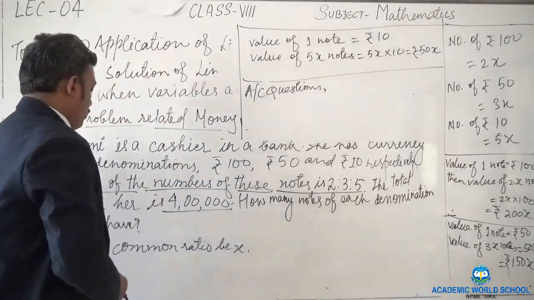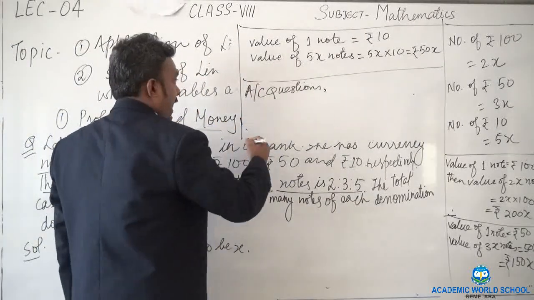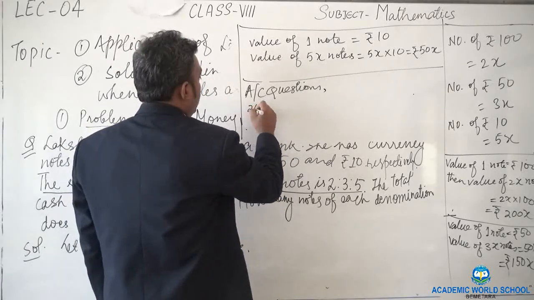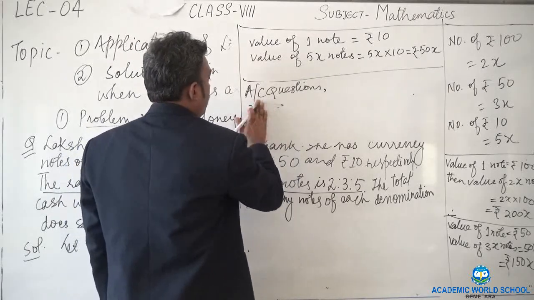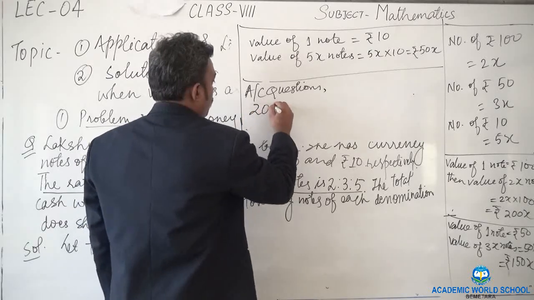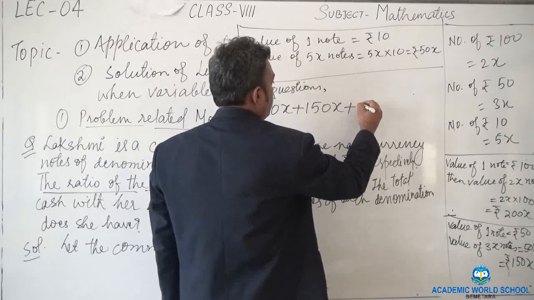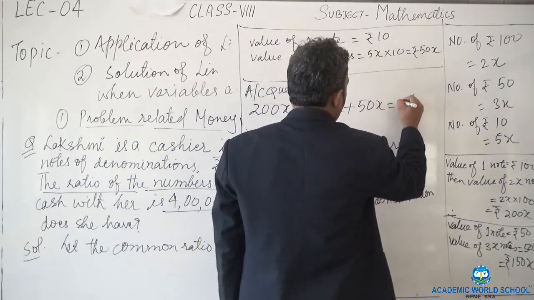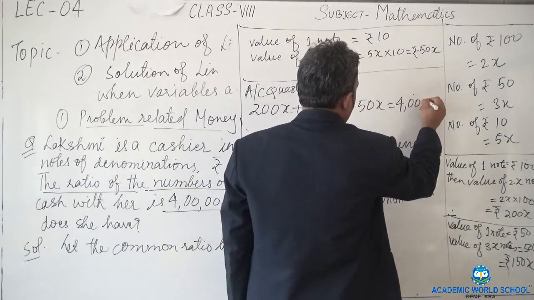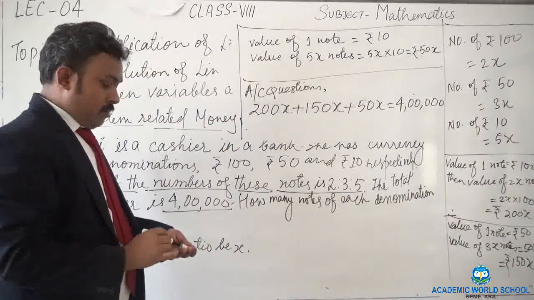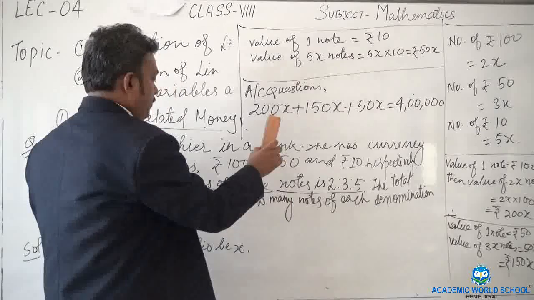Right? So here we add according to the question. It's 200x plus 150x plus 50x will be 4 lakh. Okay? So now we will solve this equation.